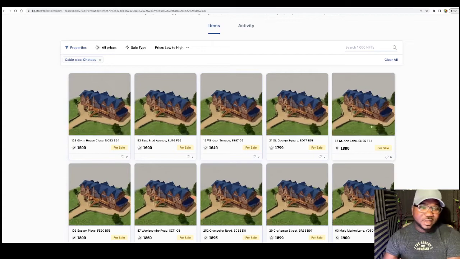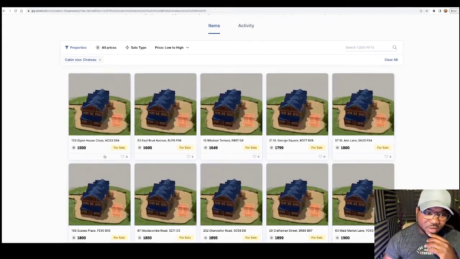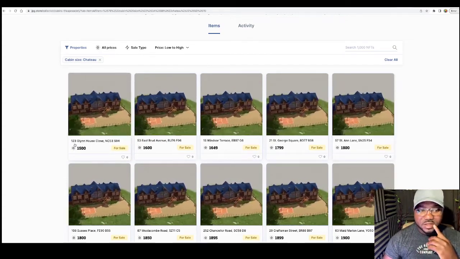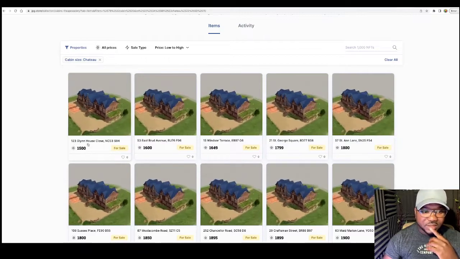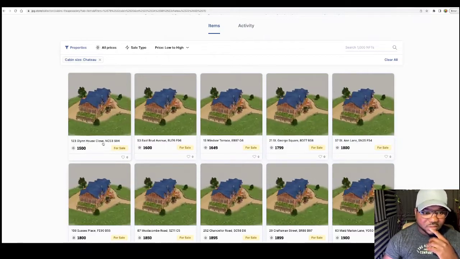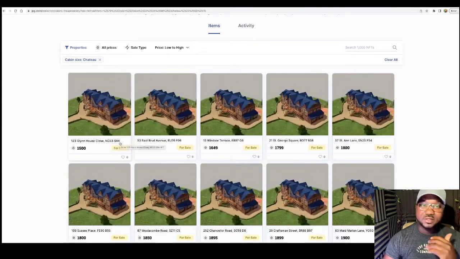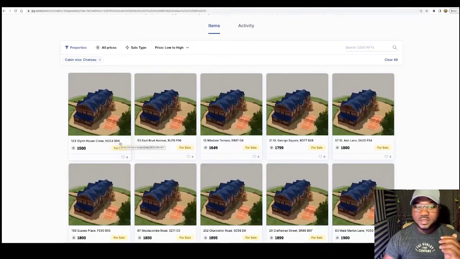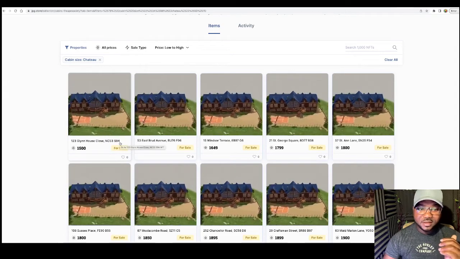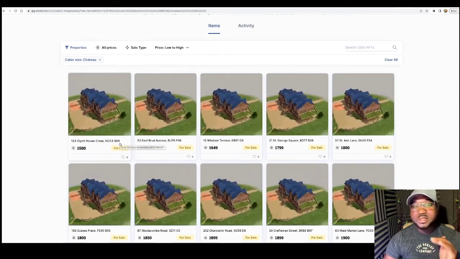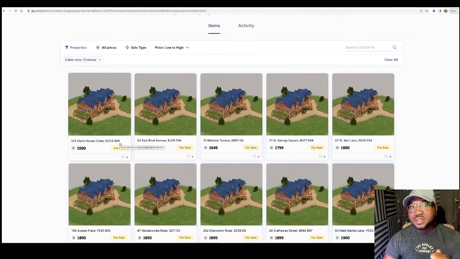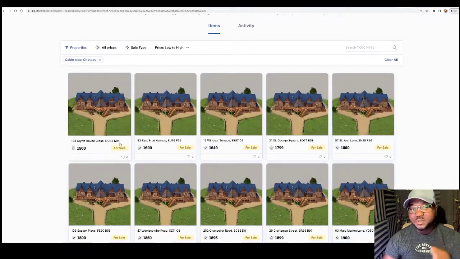Where you can see for this particular one, it's 123 Glenhouse Close Street, and this is like your zip code and all of that. So you can see it's really broken down. It's amazing the amount of detail that these guys put into what they're doing.